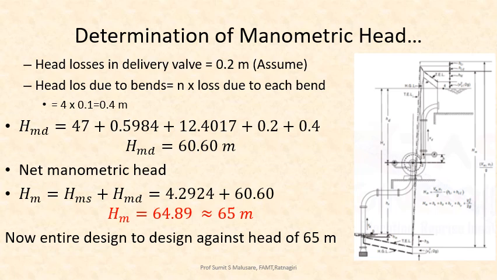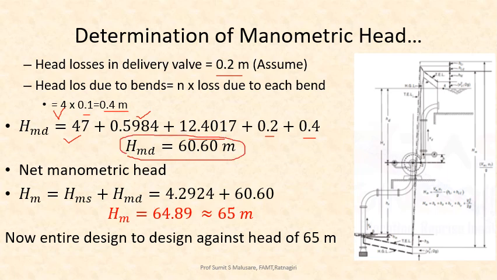Now head loss due to the delivery valve I assume 0.2 meters, and the number of bends I have considered in the delivery side is 4. The head loss due to each bend is 0.1 meters, so the total is 0.4 meters. Now HM for the delivery side is 47 plus 0.5984 plus 12.4017 plus 0.2 plus 0.4. So finally that comes out to be 60.60 meters.